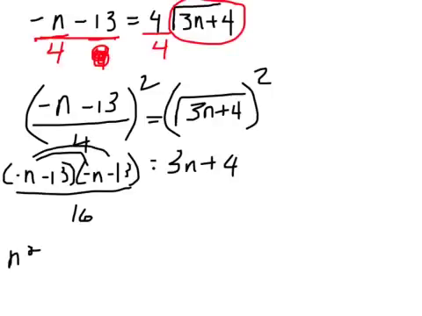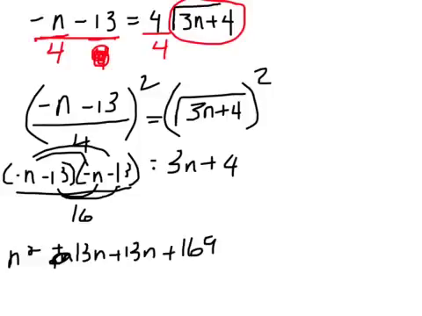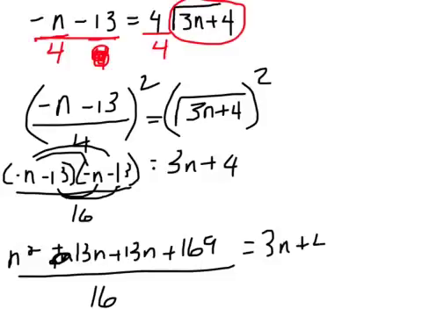Negative n times negative 13 would be plus 13n. Sorry. I'll have another plus 13n here. And negative 13 times negative 13 is plus 169. All over 16 is equal to 3n plus 4. We know that these two things can be added together, and that gives us 26n.